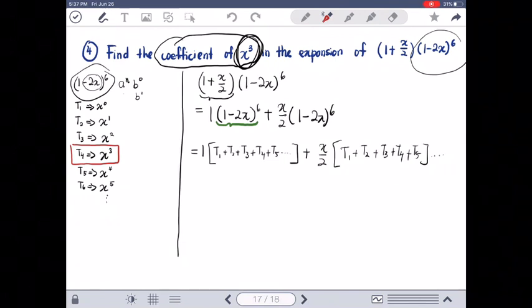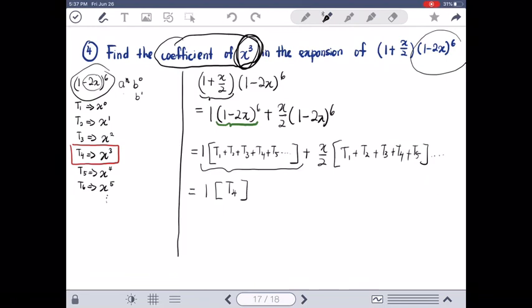So other terms we do not need to consider because the question only requires us to find the coefficient of x to the power of 3. We consider only for the first part here, term number 4. So 1 times term number 4. Why term number 4? Because term number 4 produces x to the power of 3.